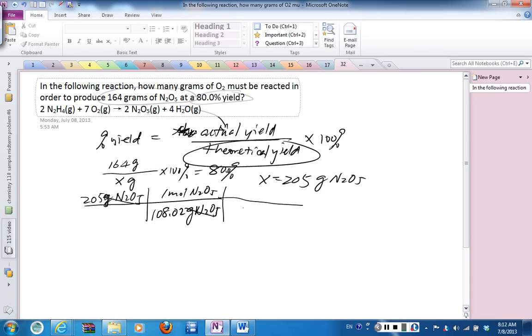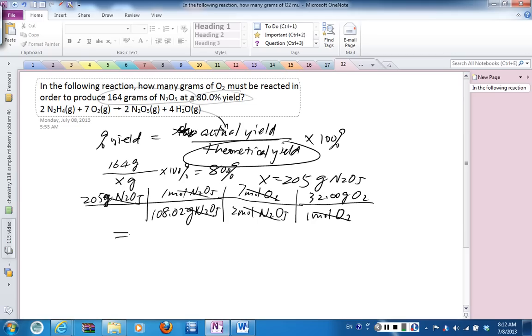We are going after oxygen, so let's use the molar ratio in the balanced chemical equation. 2 moles of N2O5 is produced by 7 moles of O2. So that way moles of N2O5 cancel, and we got moles of oxygen, and each 1 mole of oxygen gas is 32.00 grams. The mole is gone, and we eventually get grams of oxygen, which is what we wanted.